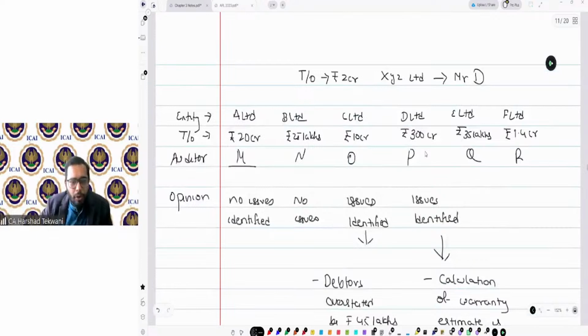And again, Q had no issues and R also had no issues.